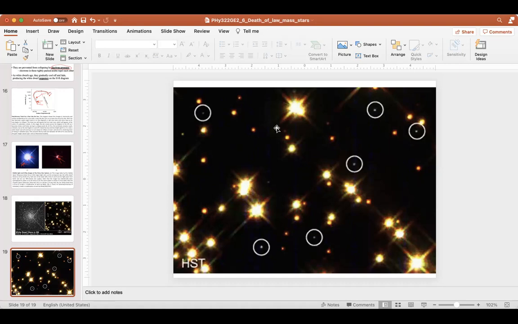On the next day, I will talk about what happens to these high mass stars. As a result of high mass stars, we have a few nice phenomena such as black holes and supernovas, which I will briefly talk about on the next day.